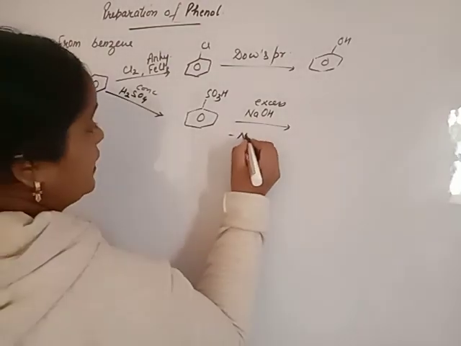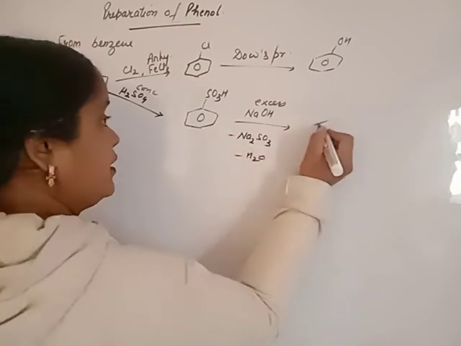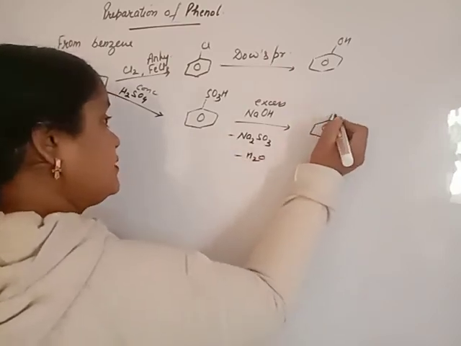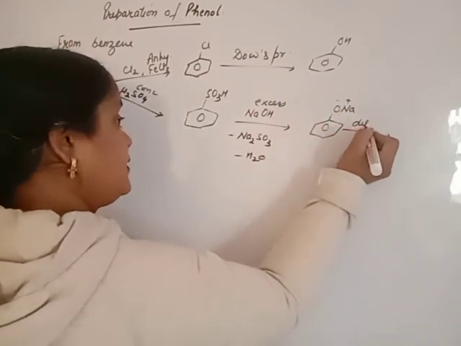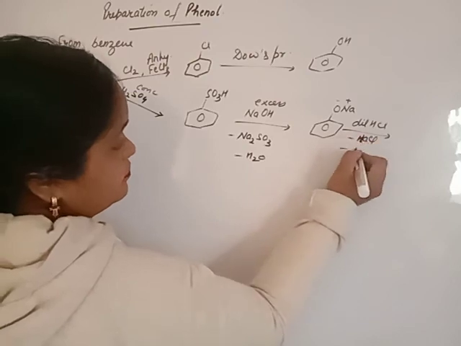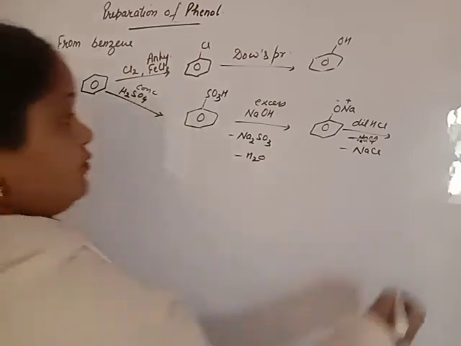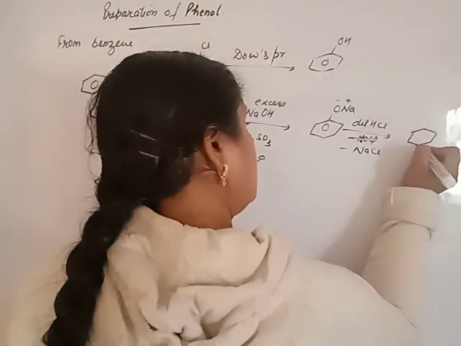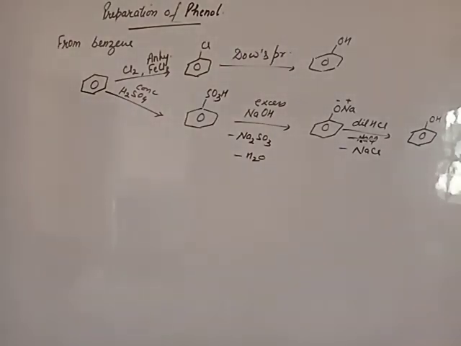Sodium sulfite is removed, water is removed, and we get sodium phenoxide. This sodium phenoxide is treated with dilute HCl. Again NaCl is removed, and we will get phenol. This is another method for the preparation of phenol.